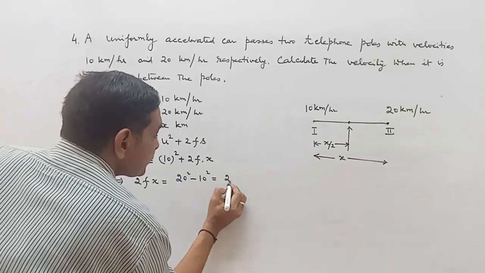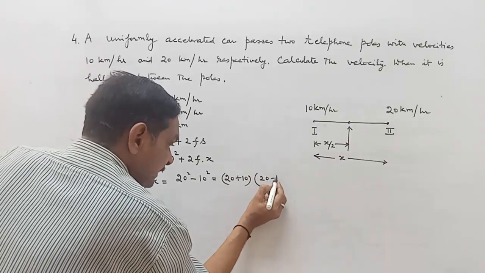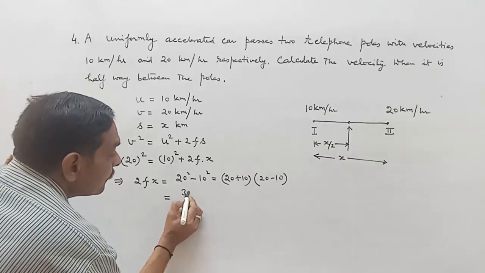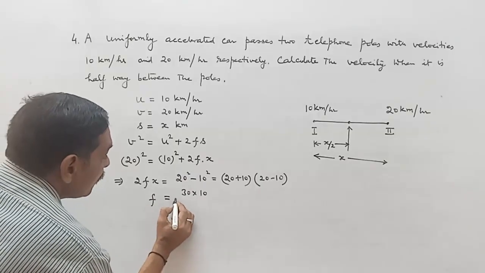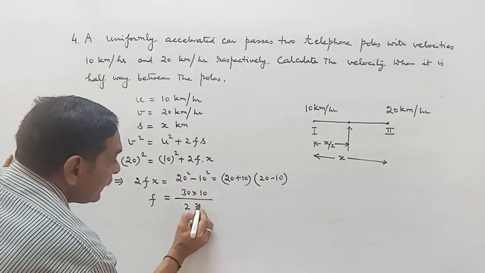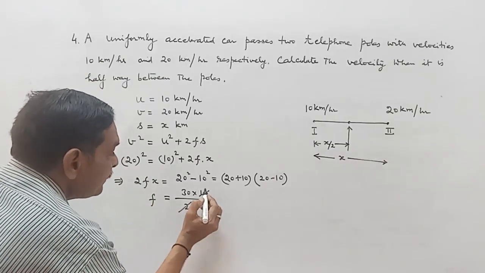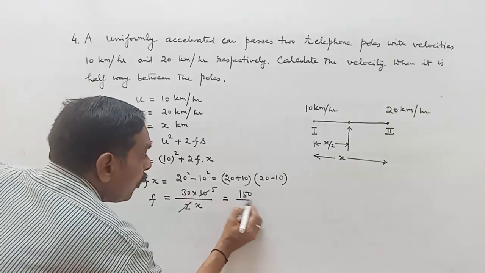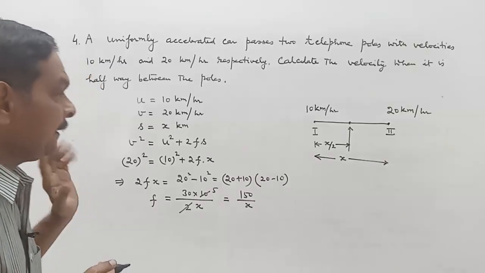It can be written as (20 plus 10)(20 minus 10). So this becomes 30 into 10, and f will be equal to 300 upon 2x by cross multiplication. This simplifies to 150 upon x. This is our f. Agreed?